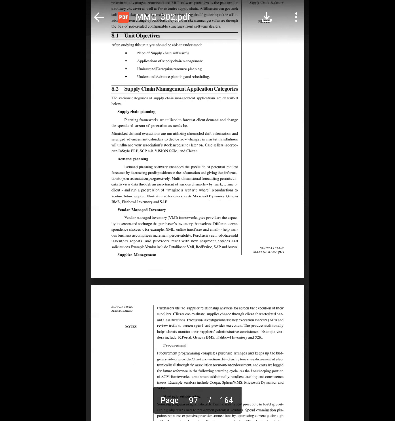Demand planning software emphasizes enhancing the precision of potential demand forecasts by decreasing bias in the information and giving the information to your organization progressively. Then vendor managed inventory: VMI frameworks give suppliers the capacity to monitor and replenish the purchaser's inventory themselves.